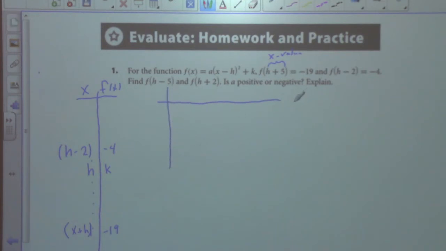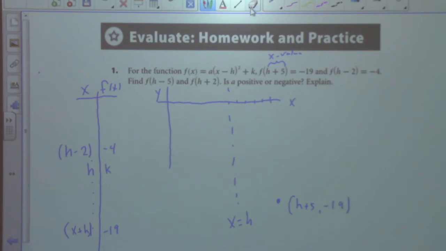But if we have an XY coordinate plane, and we have an axis of symmetry formula, X is equal to H. If we come over here 5 to the right, 2, 3, 4, 5, we know our output value is negative 19. So this would be H plus 5, comma, negative 19.